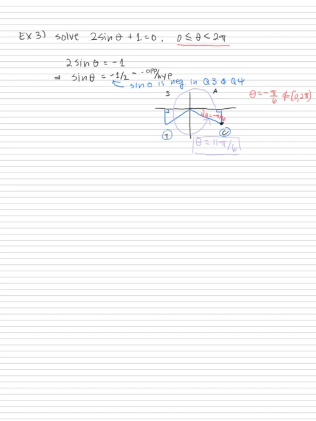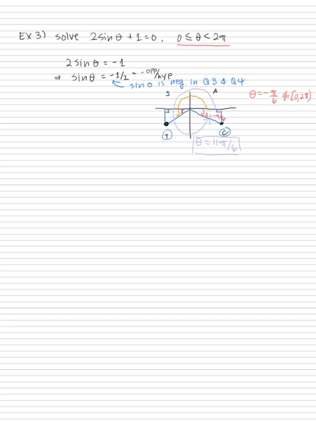Okay, now let's deal with the other terminal side, which will be right here. So our angle theta is going to be from the initial side all the way down to the terminal side. Since this angle right here is again pi over 6, how do I determine that angle?